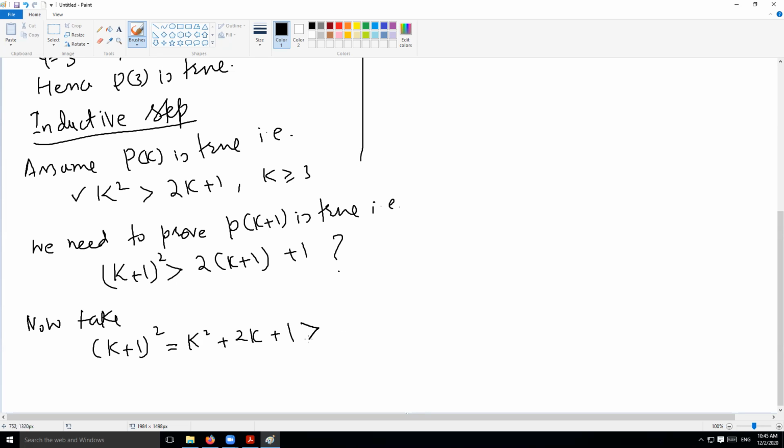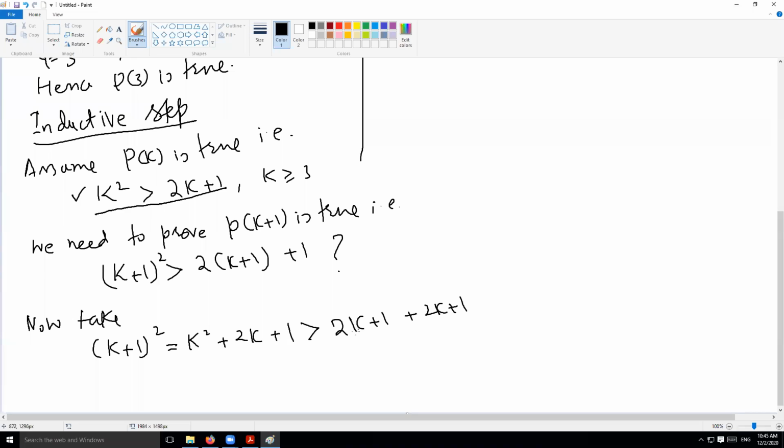Now this is greater than what? You know from your assumption that K square is bigger than 2K plus 1. So this number is bigger than 2K plus 1 plus 2K plus 1.